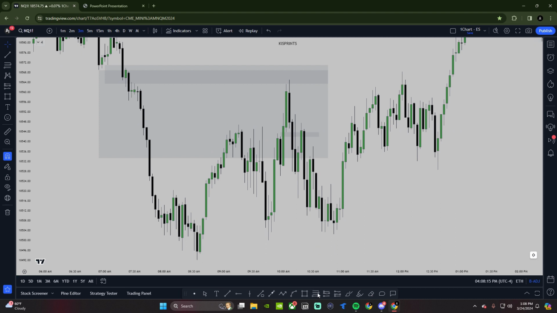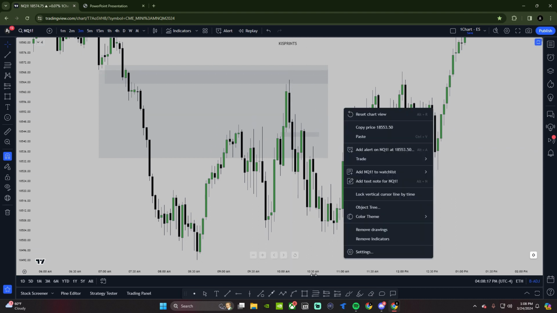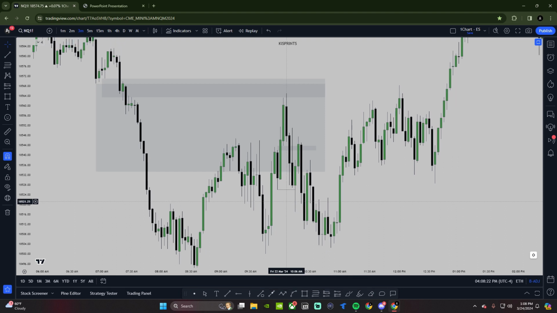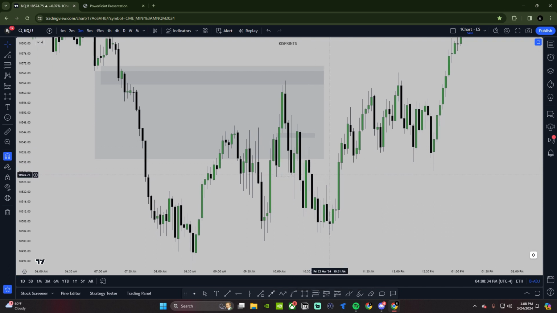All right, so now where can we target? We can target this internal right here, which is almost close to zero profit. I mean, what is that, like 16 points? I like to go for closer to 50-point plays.